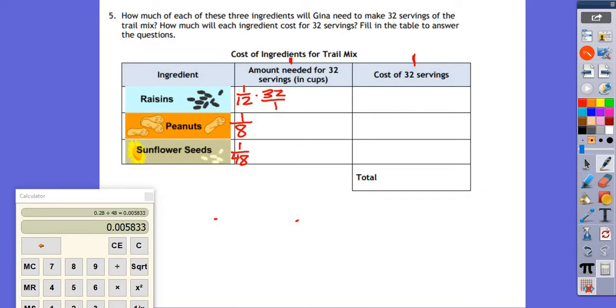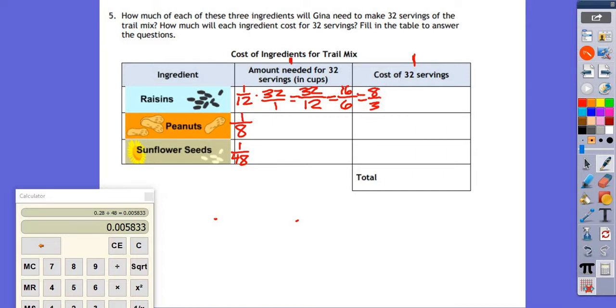Okay, so 32 over 1. I get 32 times 1/12, which is 32 over 12. What can that simplify to? You can divide by 2. Okay, so that gives me 16 over 6. I can divide by 2 again, so 8/3.